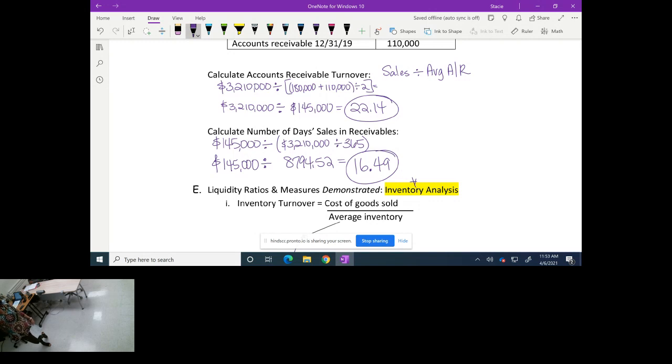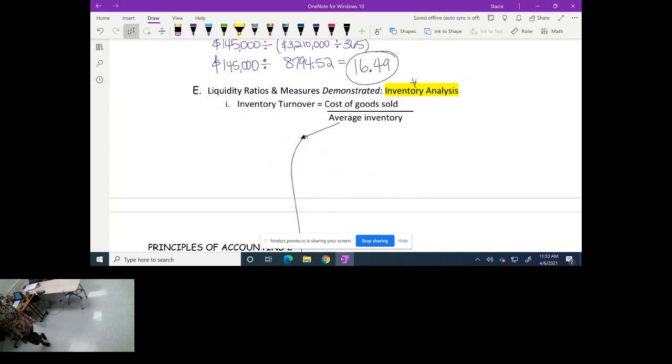Okay. So let's look at liquidity ratios and measures related to inventory analysis. We've got inventory turnover, and the formula is similar to accounts receivable turnover. Then we're going to have number of days sales in inventory. Inventory turnover is cost of goods sold divided by average inventory.